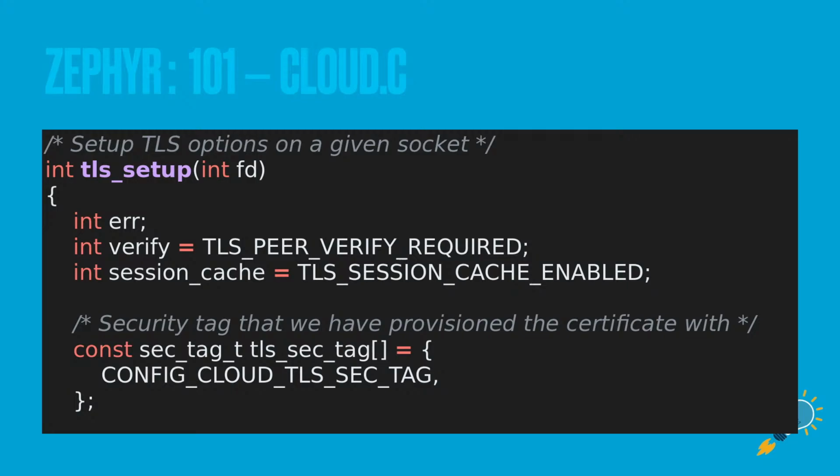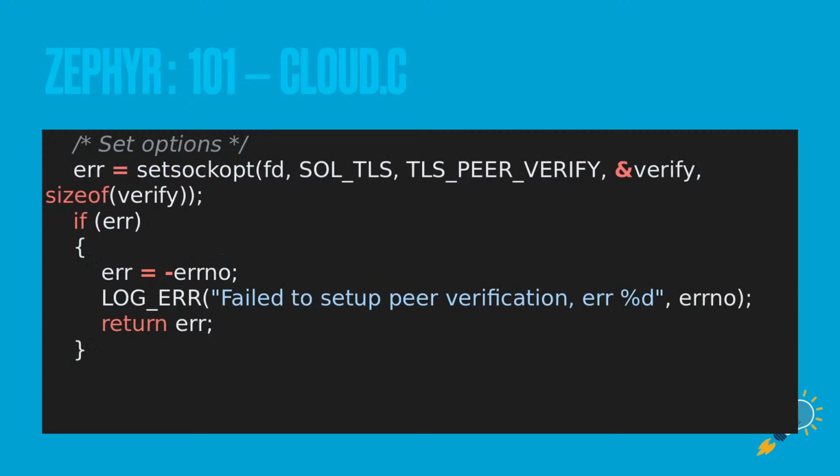So all we're doing is making sure that the CA cert provided at the particular security tag, watch out, this might get confusing, the TLS cert provided at that security tag, is the same one that is being provided by the server. So all it's doing is making sure, hey, I have this cert for the server. Does this cert match the server? And if it doesn't, it'll actually terminate the connection, which is great because it's just one kind of security check that you can go through.